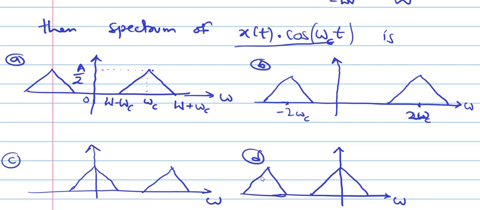This one is a little bit tricky question. So I will just draw here the spectrum of x of t. This is the spectrum of x of t, from minus W to W, and here 0.